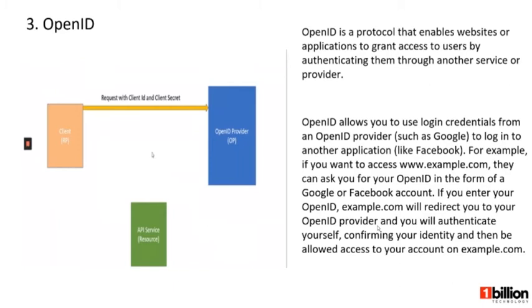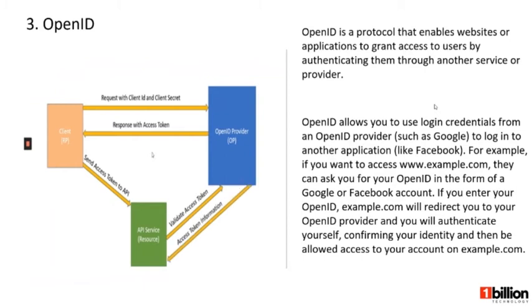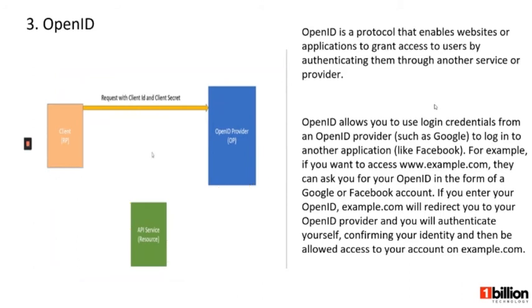As for OpenID, OpenID is a protocol that enables a website or application to grant access to users by authenticating them through another service or provider. OpenID allows you to use login credentials from the OpenID provider, such as Google, to log into another application.